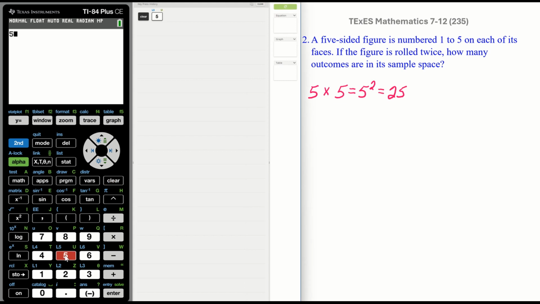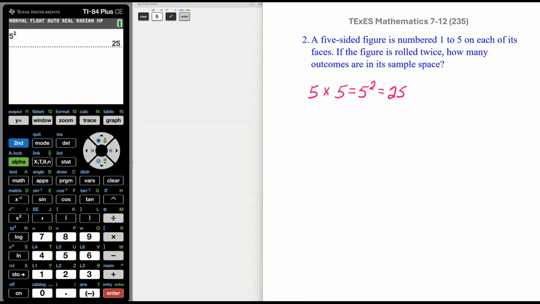The faster you can use your calculator, the better you're going to be on the test. So we have 5 squared. Notice which button I push, and push enter, 25. Perfect.